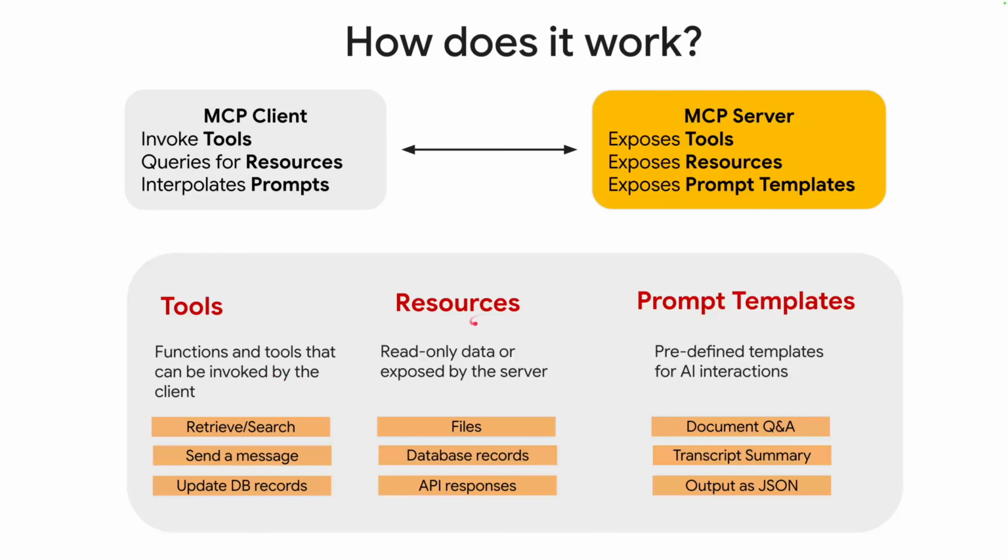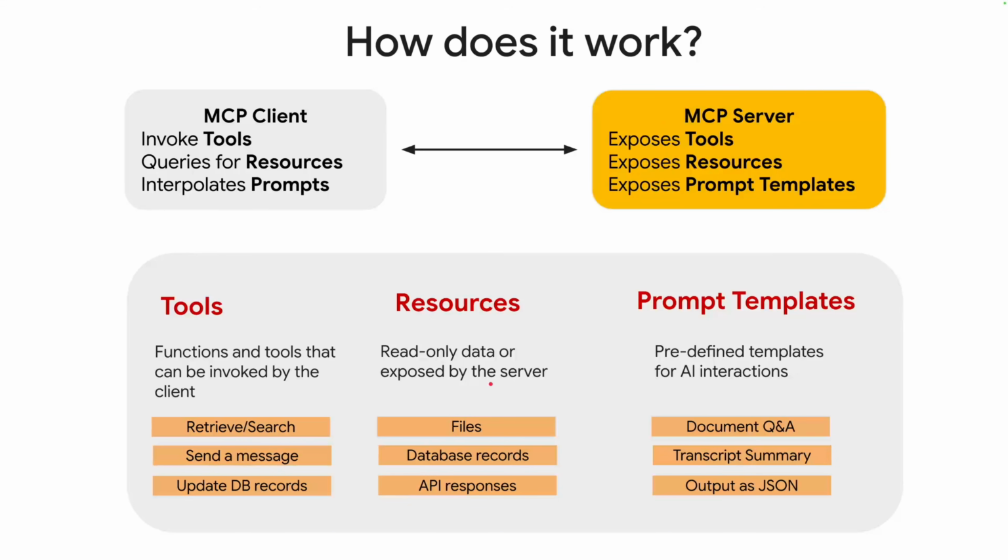Then resources. What are resources? Resources are similar to tools, but resources are read-only data exposed by the server. So, for example, I want to provide some context to my large language model. The context is that I need to read a file.